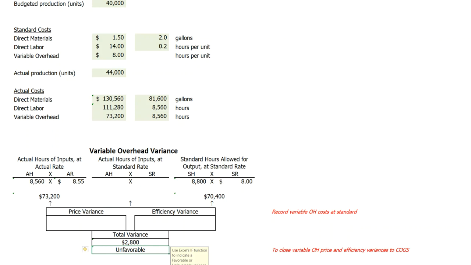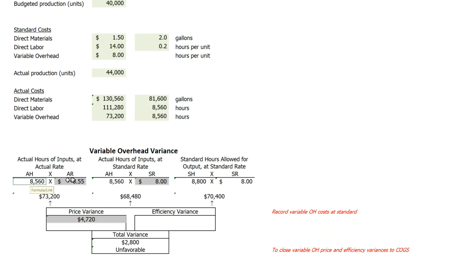Let's go ahead and calculate our price variance. We take our actual hours, multiply it by our standard rate, and our actual hours at the standard rate would have been $68,480, which means our price variance is $4,720. And again, that's simply the difference in the labor rate, 55 cents, times the 8,560 hours.